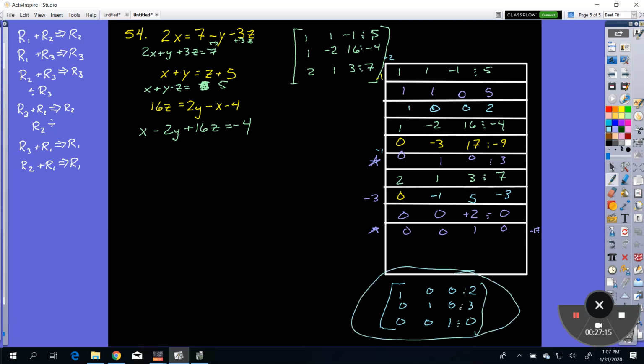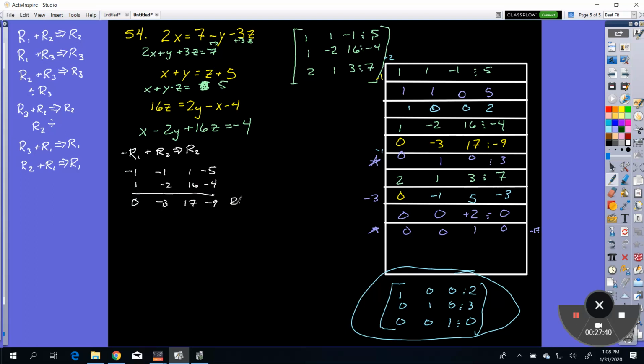Okay. If I do it the other way, negative row 1 plus row 2 is going to make a new row 2. So that's negative 1, negative 1, 1, negative 5, plus 1, negative 2, 16, negative 4. So that's 0, negative 3, 17, negative 9.